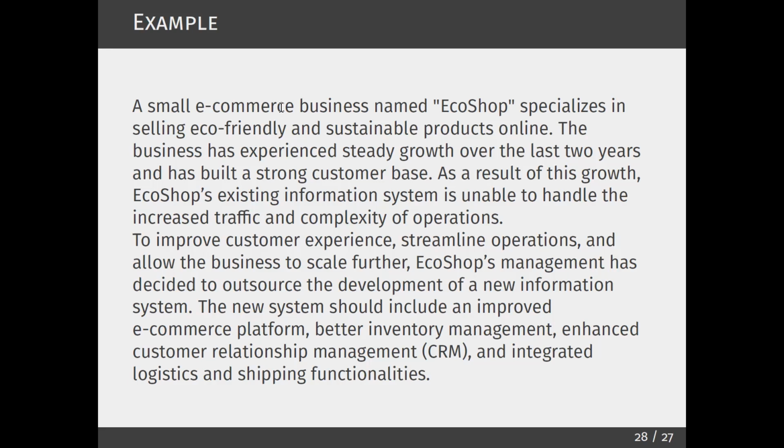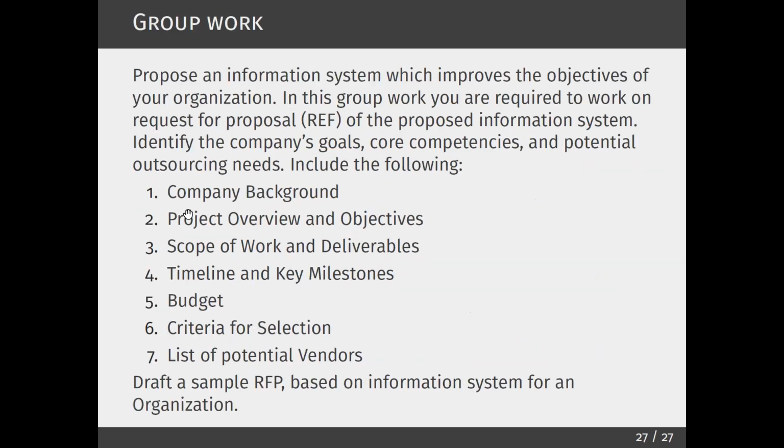So this is the kind of situation where we need to develop this kind of proposal, where you can say what the company is and what their objectives are. And basically, the scope of work is that they want to develop a new information system.